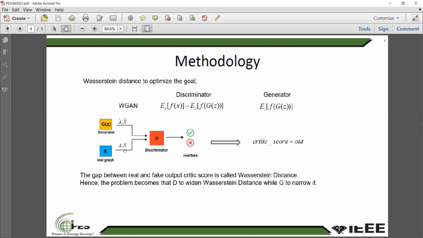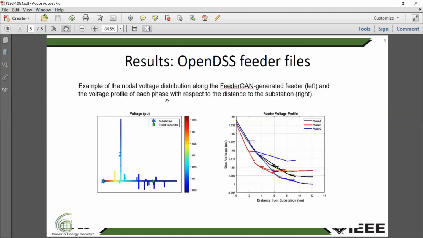So after that, you have the topology and attributes. We write code and use the open source software OpenDSS to convert the topology and the attributes back to real, runnable, executable OpenDSS files. So here is one example.